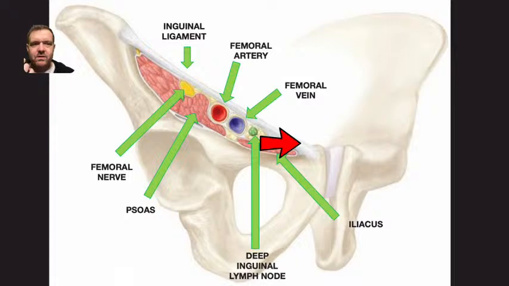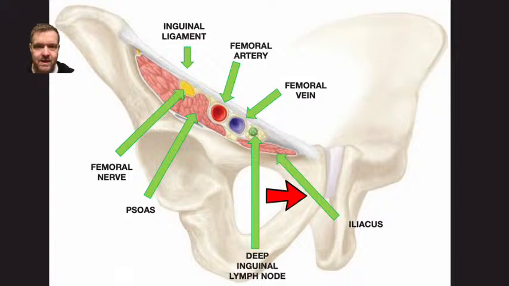And the reason why males are more susceptible to inguinal hernias is because of the spermatic cord that goes down to the testes around here. So we'll cover that when we get to that region. So keep that in mind when we talk about this inguinal ligament again. But also, it forms a roof for these structures to come underneath as well.